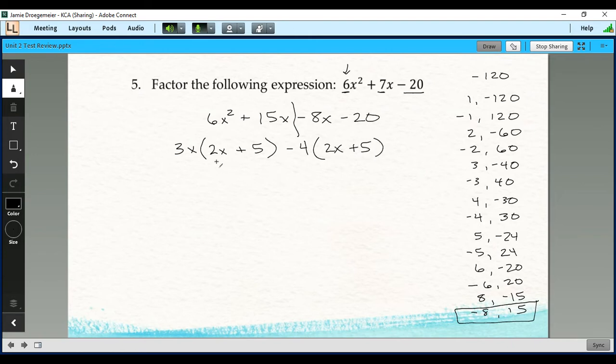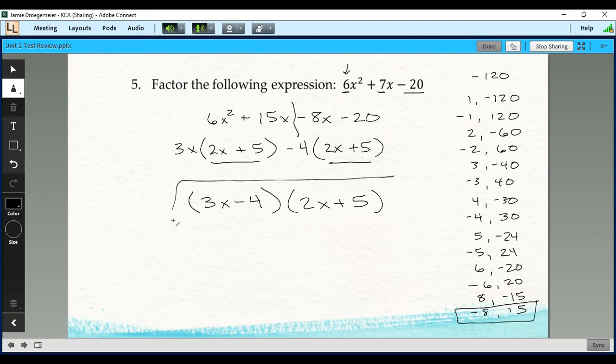And so notice this is the point we want to get to. We have the same expression inside the parentheses, and so that allows us to rewrite it, since I'm multiplying 3x times the 2x plus 5 and negative 4 times the 2x plus 5. That's the same as multiplying 3x minus 4, put those into parentheses, times that 2x plus 5, and this is my factored form for that expression.